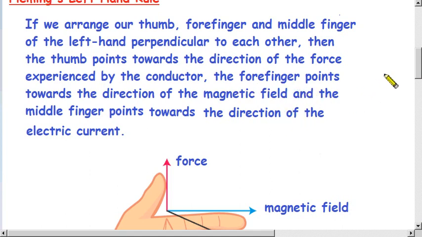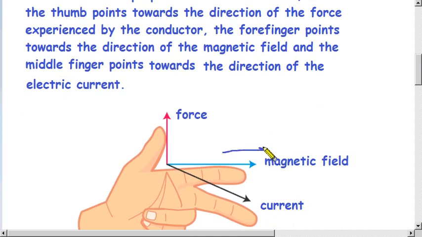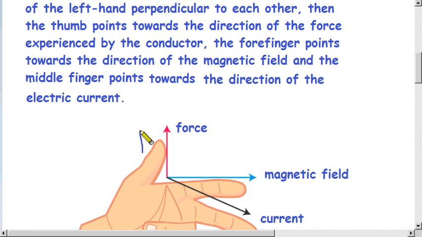The forefinger points towards the direction of the magnetic field like this, and then you have to rotate your palm so that this middle finger is directed towards the direction of the current. Then from this thumb you can find out the force acting on a conductor.